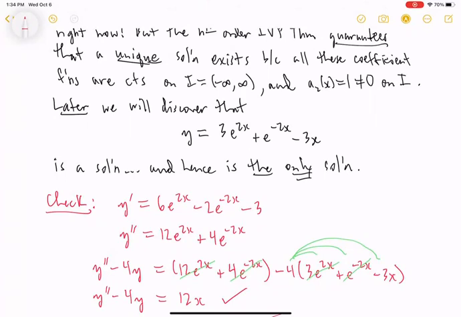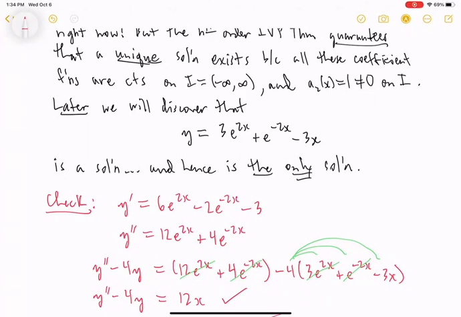Okay, but that's not enough. It's not enough for this to be a solution to the differential equation. It needed to be a solution to the initial value problem. So we should also check that this thing satisfies the initial conditions, shouldn't we? Does it? We need to evaluate this thing at x0 equal to 0, right?